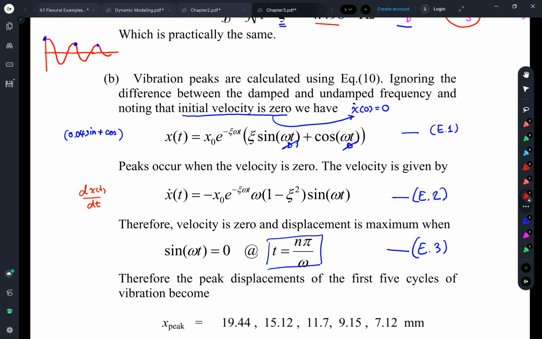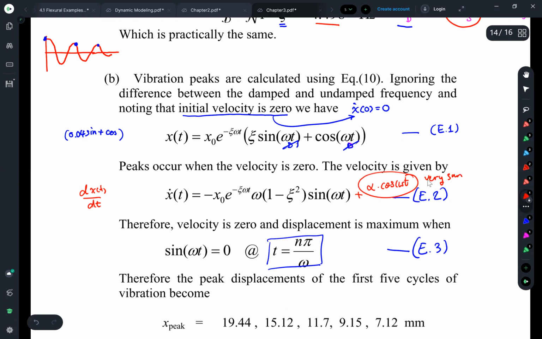You can perform that. And I do believe once you obtain the derivative of this term, actually I should have sine and cosine, right? But I think if you do so, you can have something like the cosine term, alpha cosine term. This term could be very small compared with the sine term.